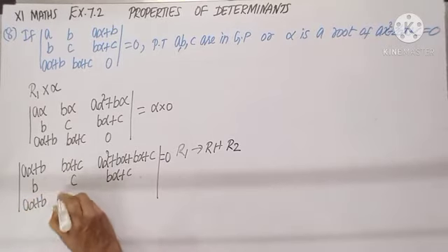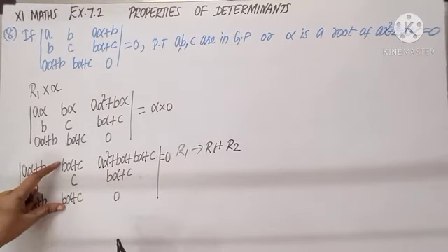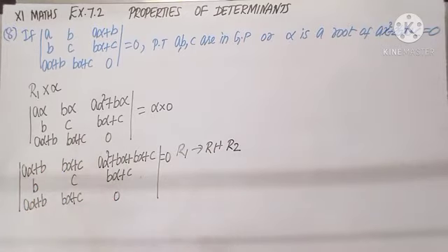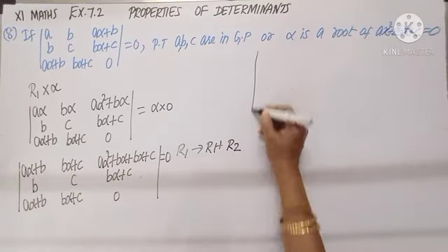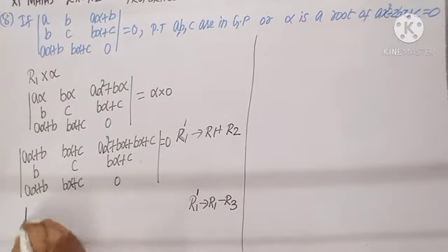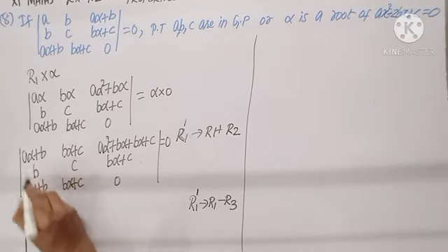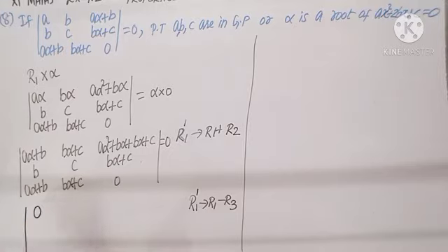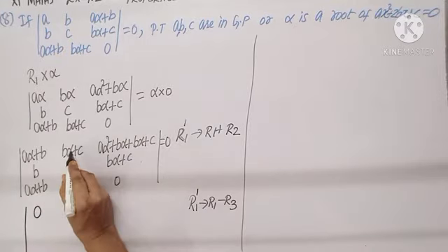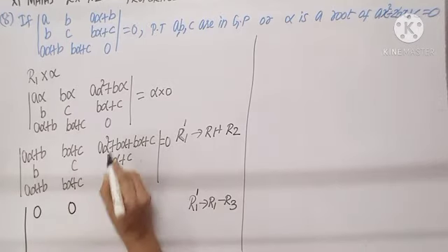Now as I look, first row and third row, aα + b, bα + c and some other terms are there. So let me subtract. New R1 becomes R1 minus R3. aα + b, aα + b: as I subtract, I get 0. bα + c, bα + c: subtraction gives me 0.